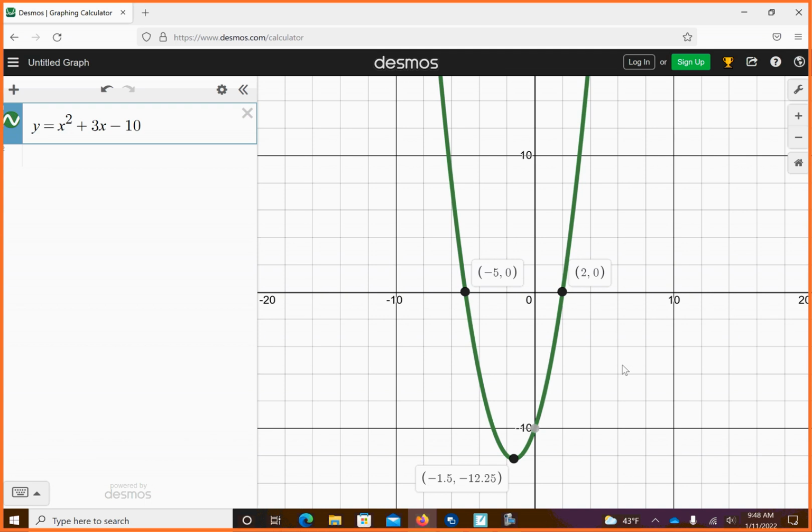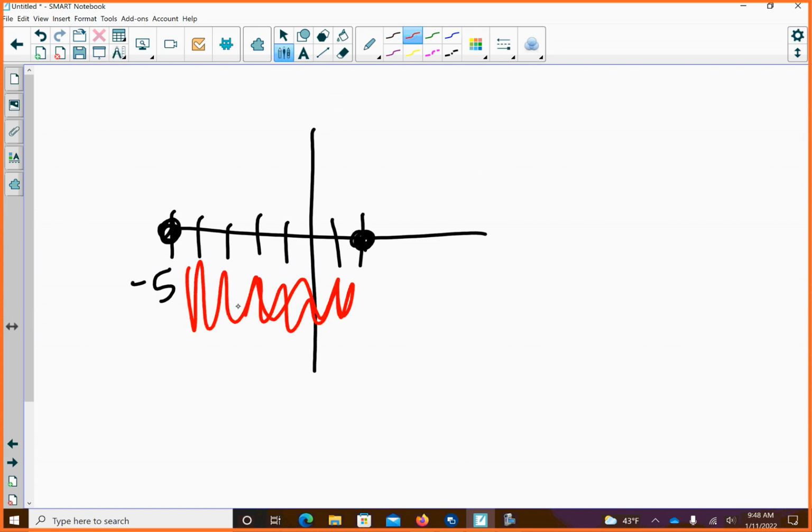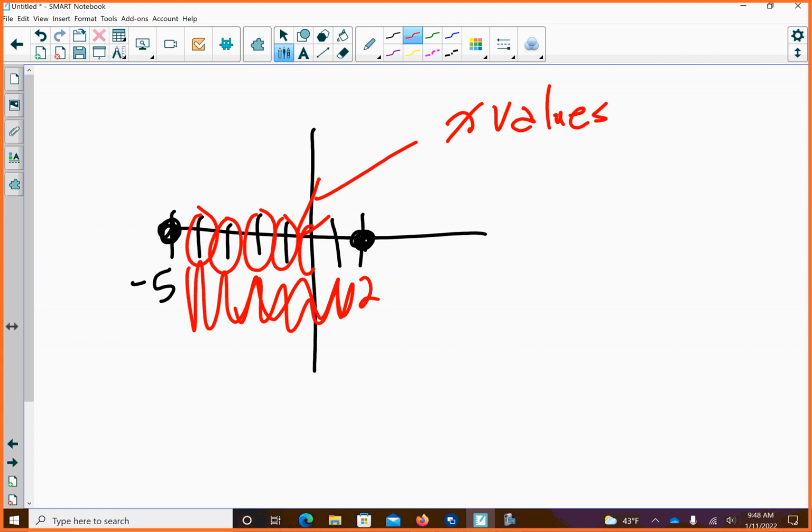Okay? So that particular graph, let's get off Desmos for a second. -5 to 2. So basically, this graph, if I pick some region here, if I looked at the x values, if I picked an x value from -5 to 2, if I don't include the endpoints, if I picked this one or this one or this one or this one, and I'm going whole numbers, but of course the fractions and decimals exist in between.